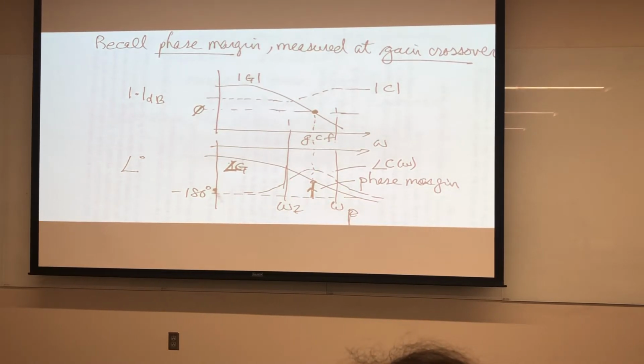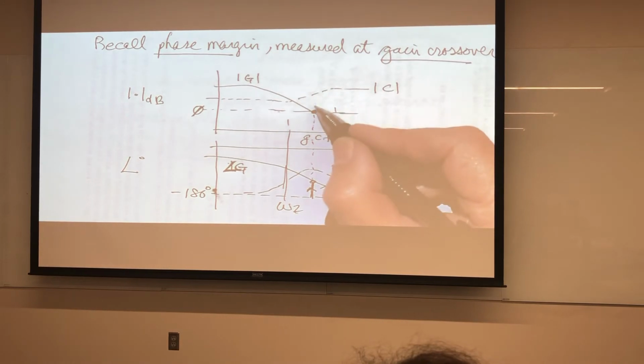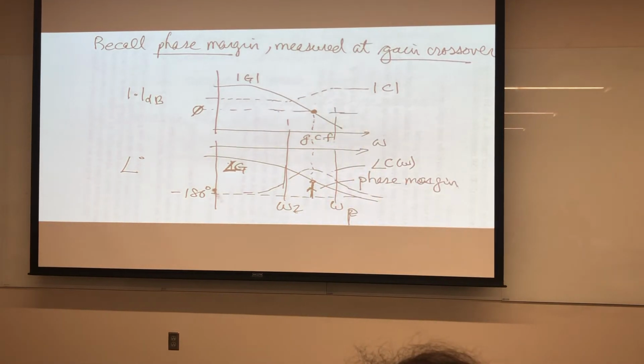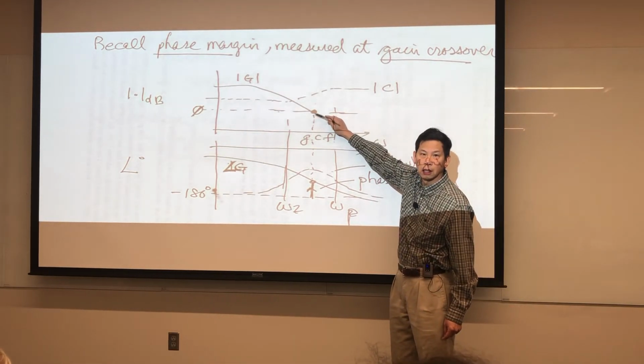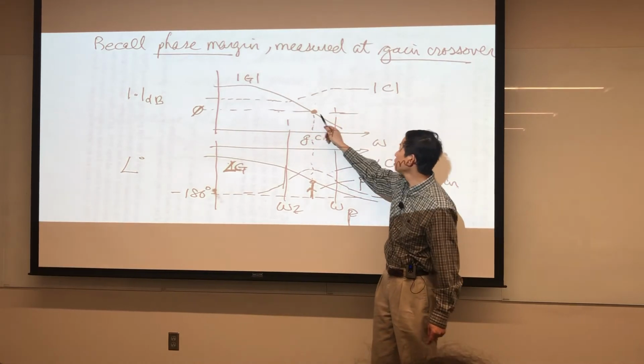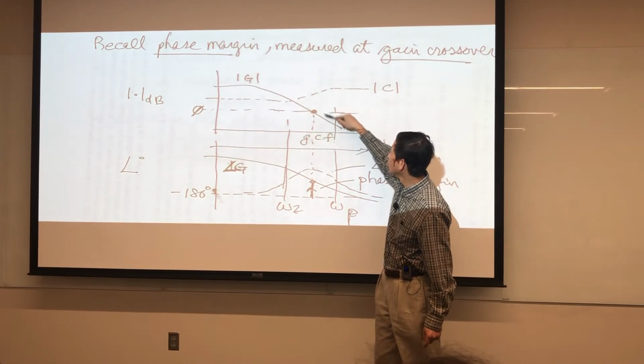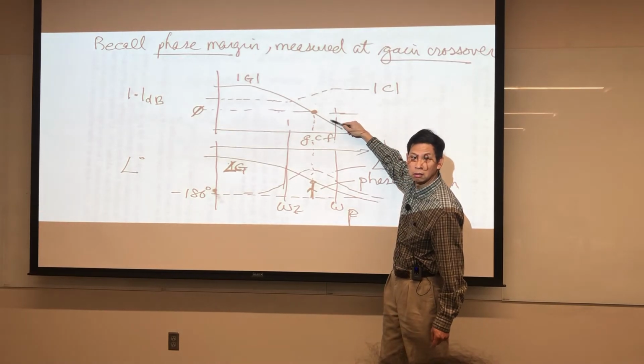That's good. But we're also going to increase the magnitude, okay? And that might be desirable. You might need to increase it, but this is no longer going to be the gain crossover. The gain crossover was here, but when I take the combination of the two, the gain crossover is going to be somewhere out here.